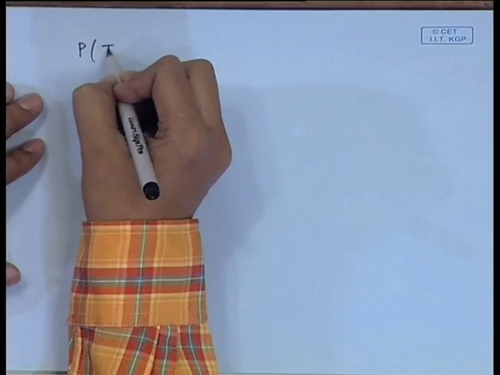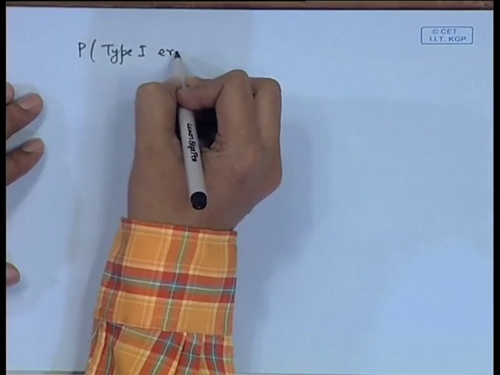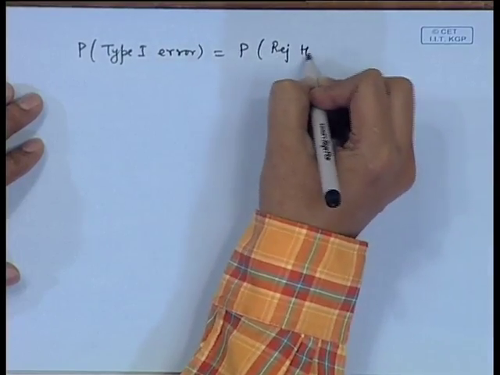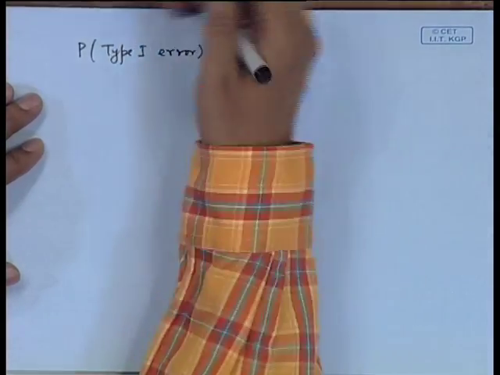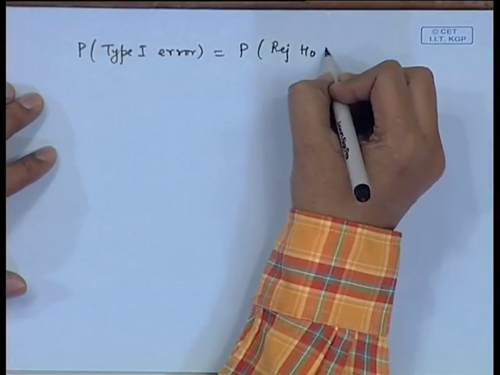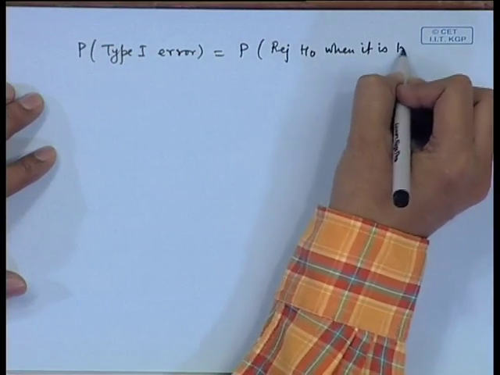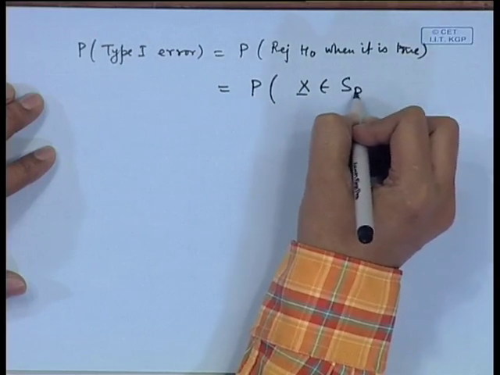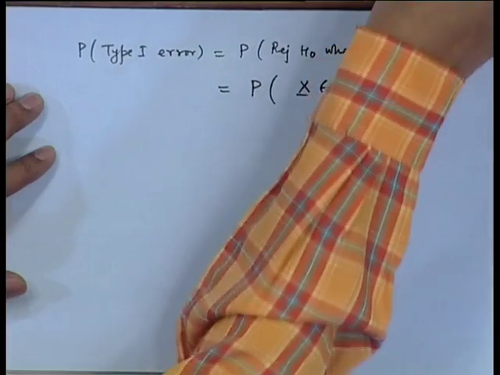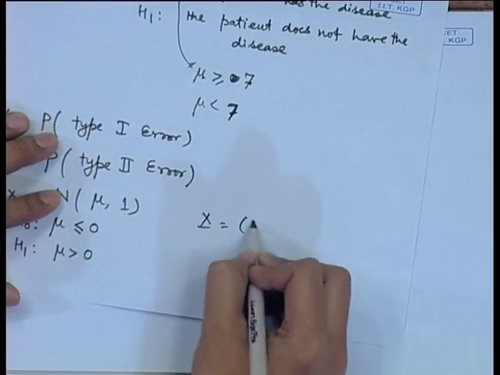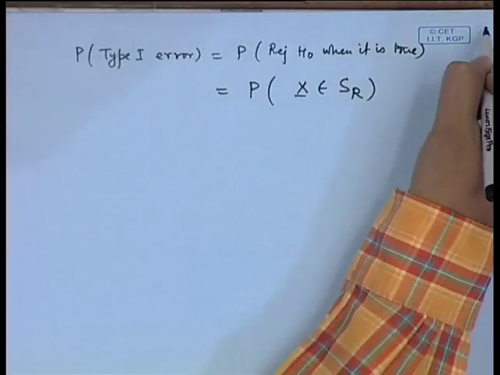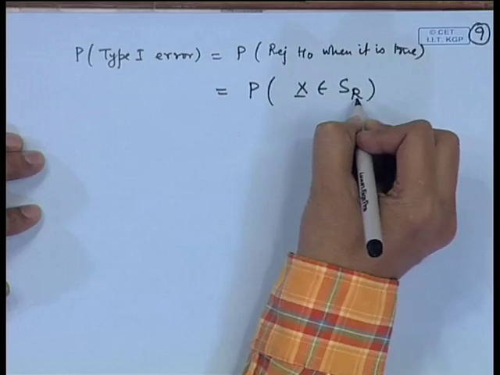So, it could be in this form: probability of type 1 error is the probability of rejecting H naught, which may be based on some value of the sample, when it is true. So, this could be the probability of say x belongs to S R, that is, x denotes your vector x 1, x 2, x n of observations, when it is true.